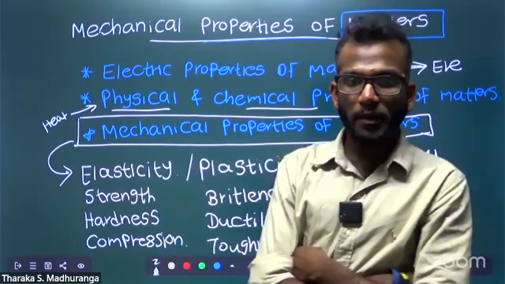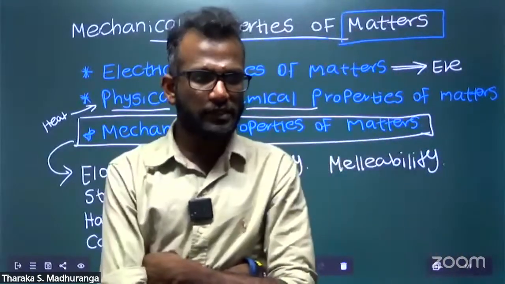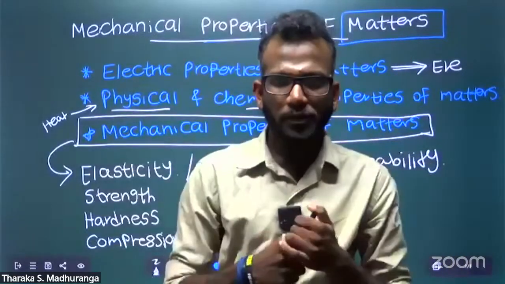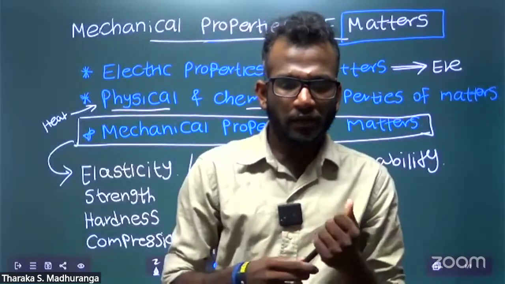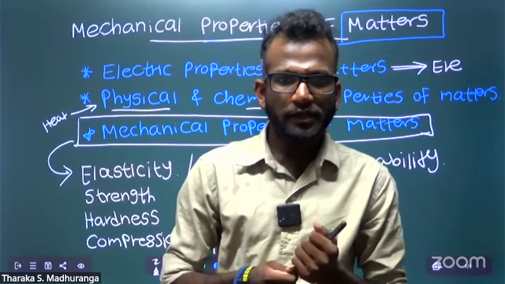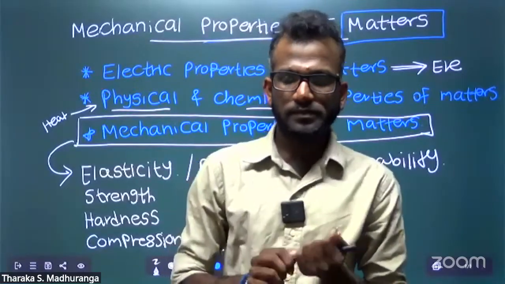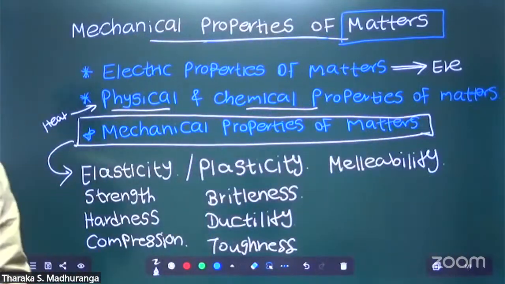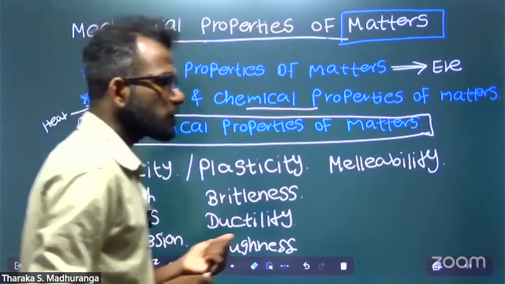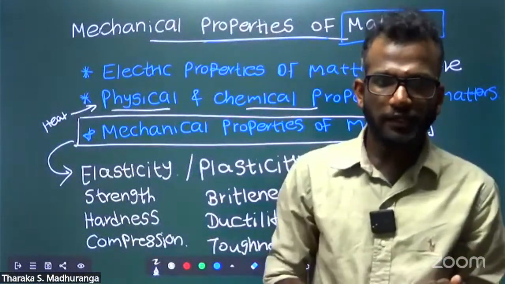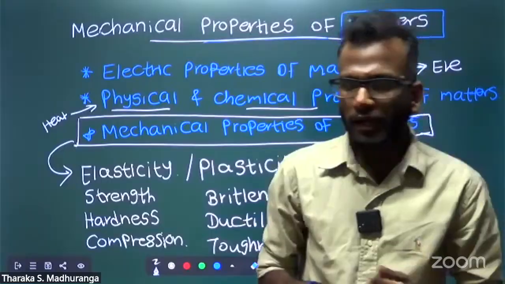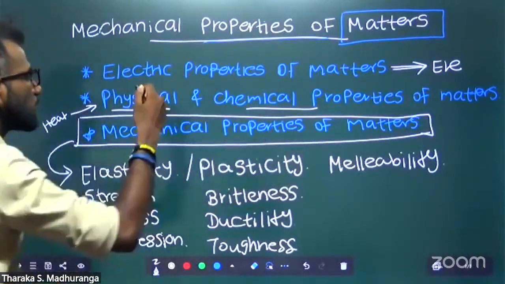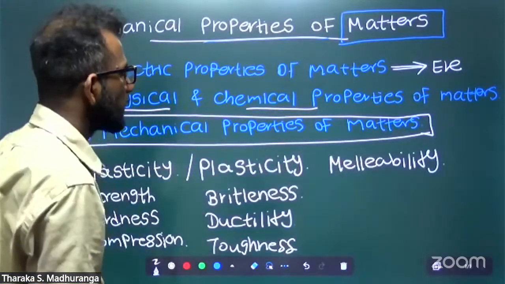When we consider the properties of matter, there are mainly three types. Write down: first one, electric properties of matter. The second one, physical and chemical properties of matter.